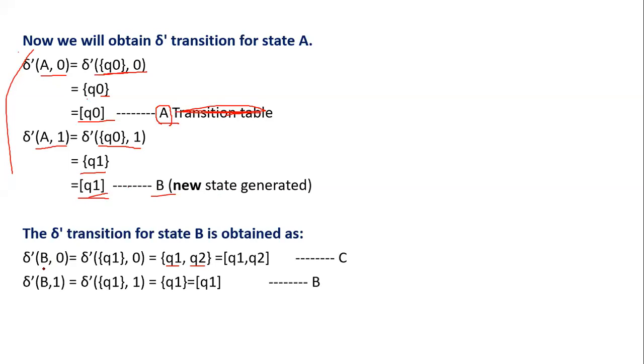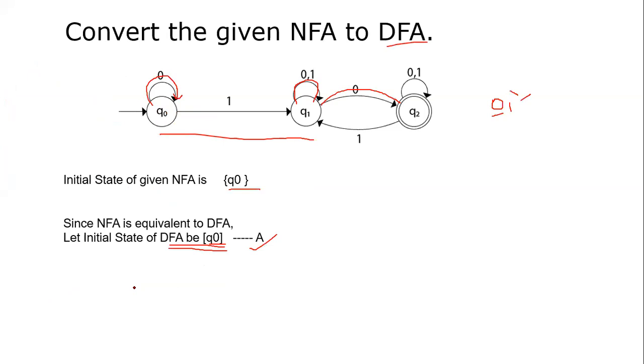The input 0 is processed, and now the input 1. For the state B, we have to take the other input symbol, that is 1: B comma 1. B is nothing but Q1, so just replace B with Q1. Q1 comma 1 means Q1 reads the input symbol and moves to the same state, that is Q1.